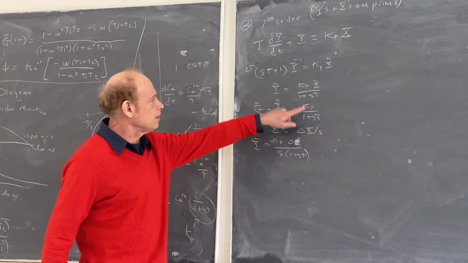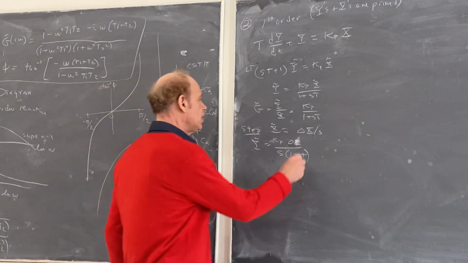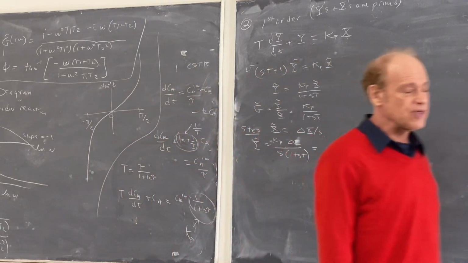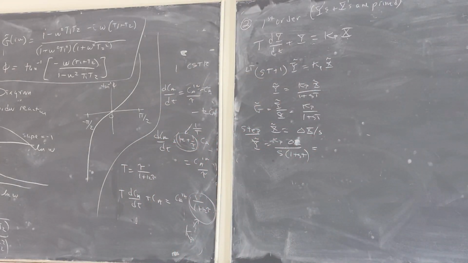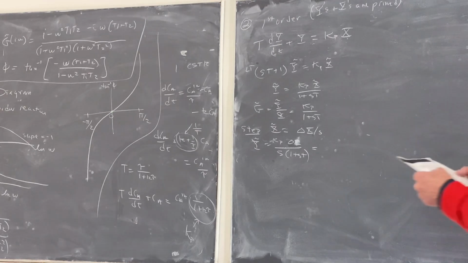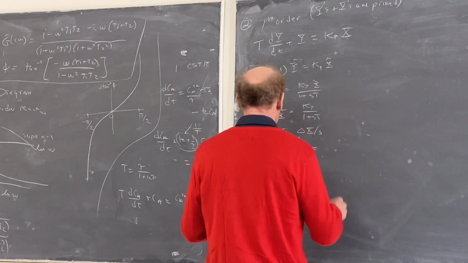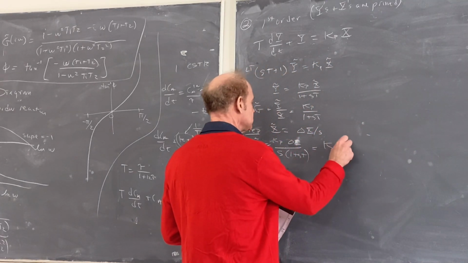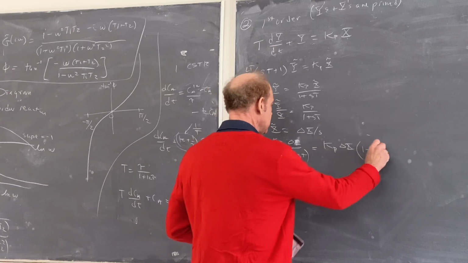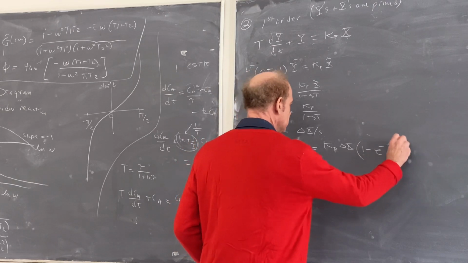This s comes from here, the 1 plus sτ comes from here. When I invert, I think it's line 5 in the table, this is algebra we've done before, so you don't really need to copy it. I just get Kp delta x times 1 minus e to the minus t over big T.